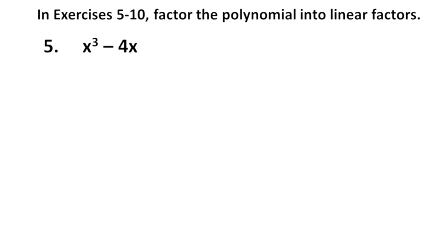Next odd-number problem. In exercises 5 through 10, factor the polynomial into linear factors. Here we have a cubic binomial, but we want to put this in linear factors. So what we do, the principle we look for first, is what we call the greatest common factor, GCF sometimes.